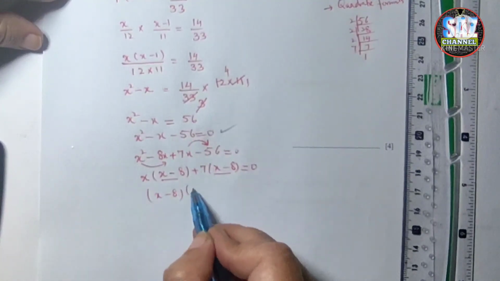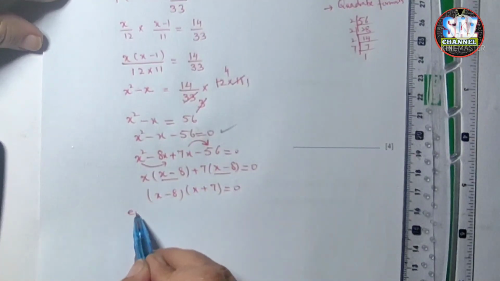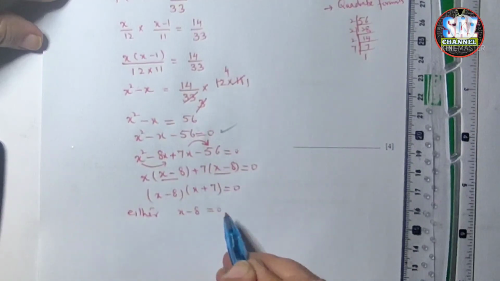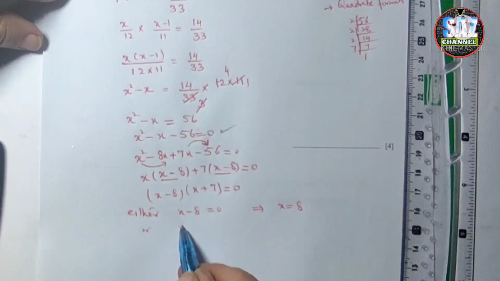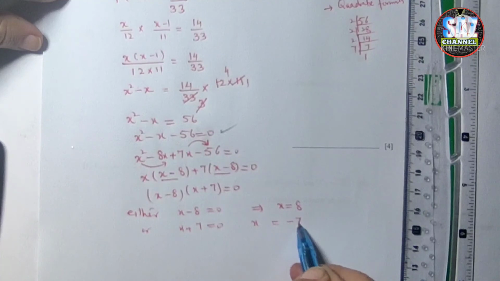Pull it out, x plus 7 equals 0, and then apply the either-or condition: either x minus 8 equals 0, and this gives me x equals 8, or x plus 7 equals 0, this is x equals minus 7.